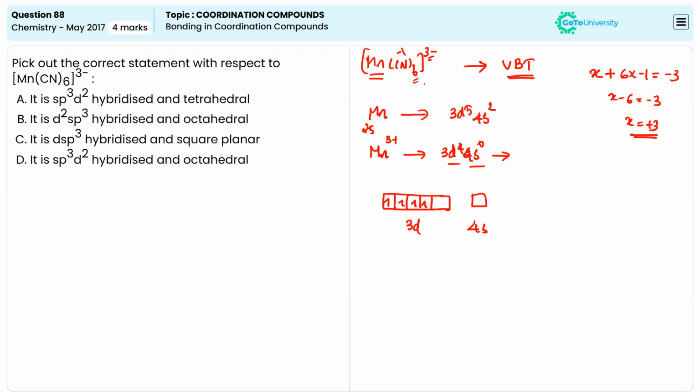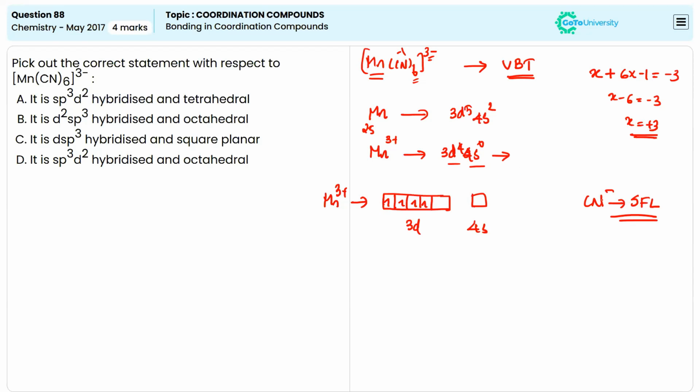Now let us consider the ligand. So this is the free Mn3+ ion. Now, when the CN- ions are approaching, we know that CN- is a strong field ligand. This one we discussed just before, right? That is, when a strong field ligand approaches the central metal atom, the electrons of the metal ion will undergo pairing.